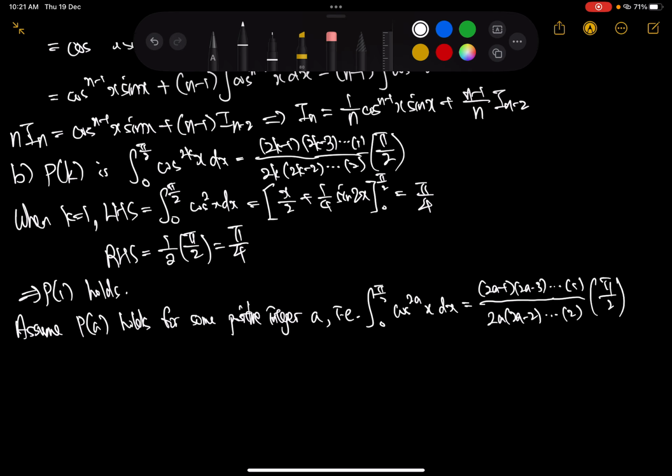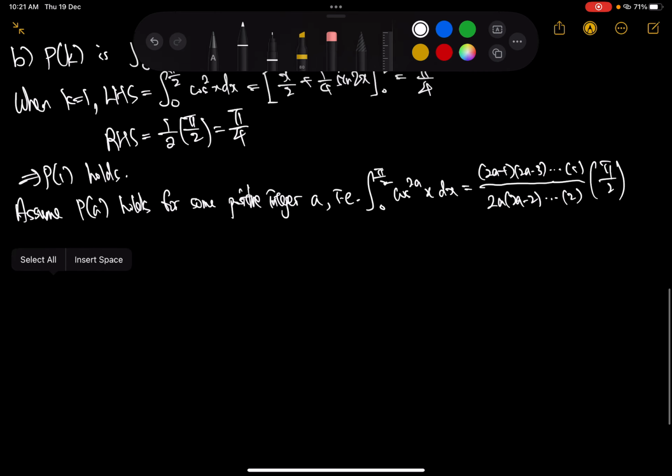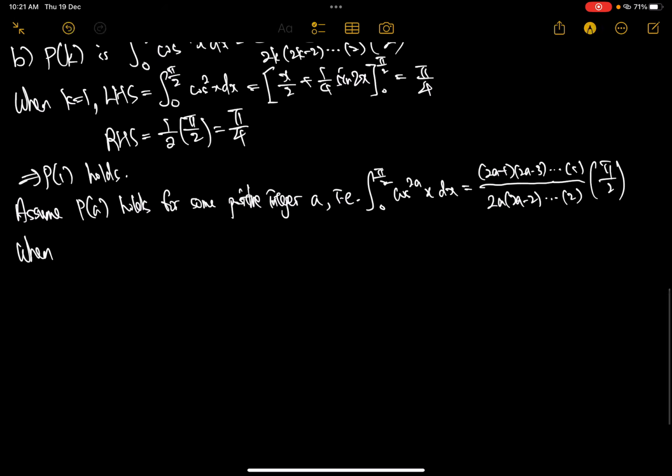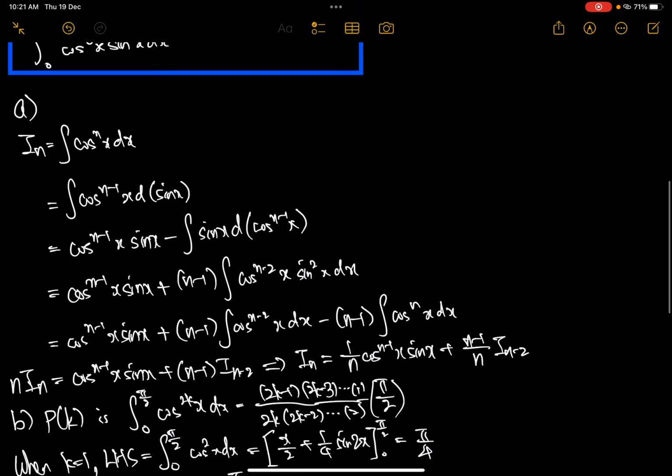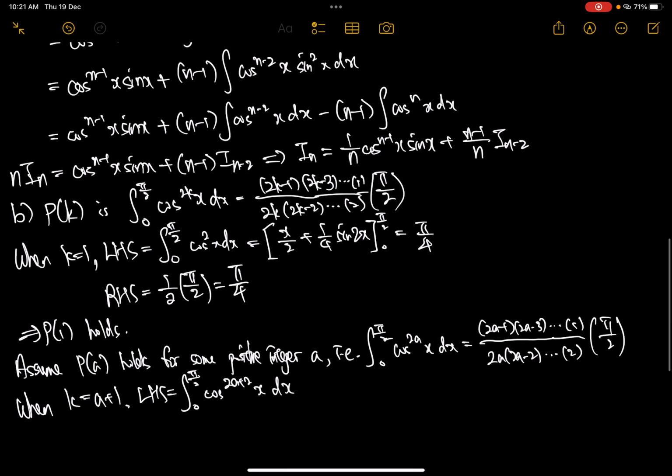And that's also quite basic, I believe, because when k equals a plus 1, LHS will be the integral from 0 to pi over 2 of cosine of 2a plus 2 x dx. And the really straightforward thing we could do is to use part A, which is this baby right here.